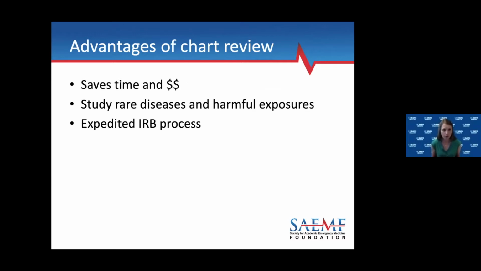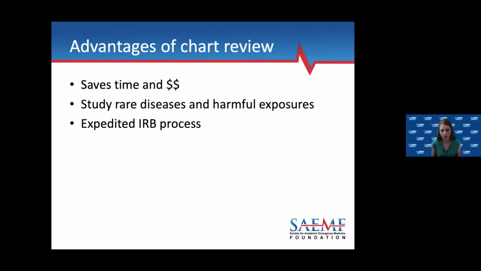This makes chart review feasible on the shorter timelines, often 1 to 2 years, that residents and fellows have for completing their research project. Chart review also allows for the study of rare diseases and harmful exposures. It's particularly helpful in situations where it would be unethical to randomize patients to conditions such as toxic overdoses, envenomations, or environmental exposures.